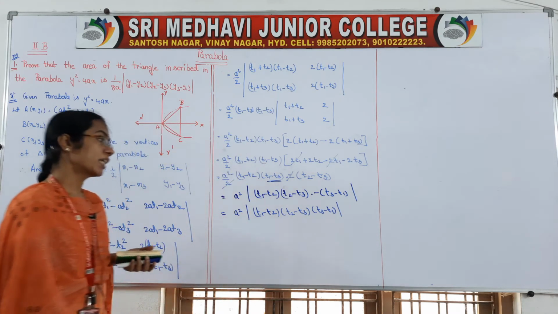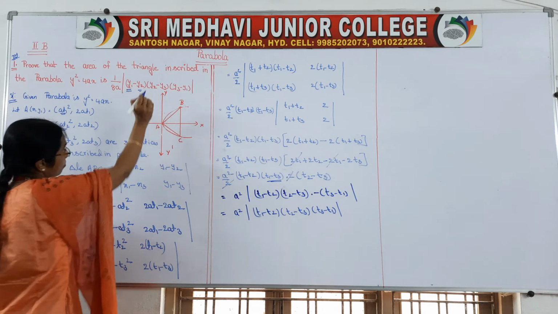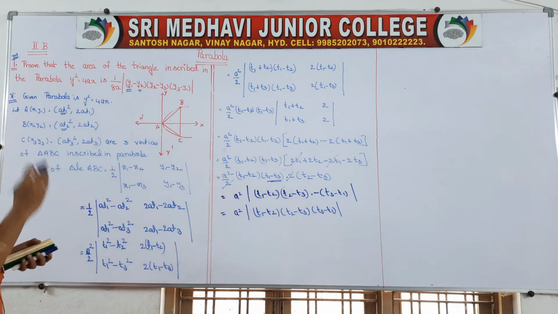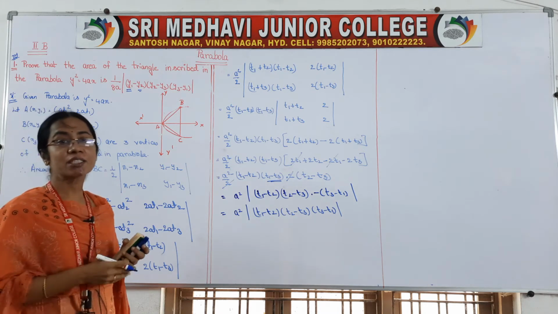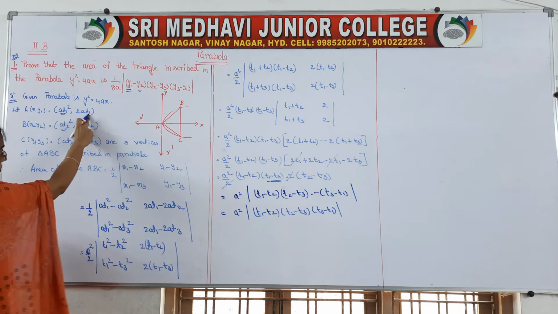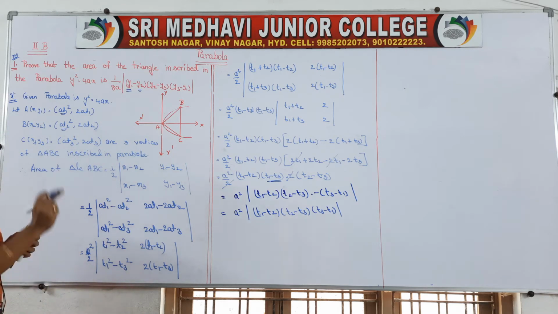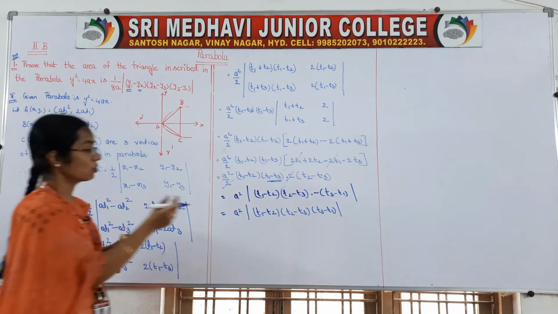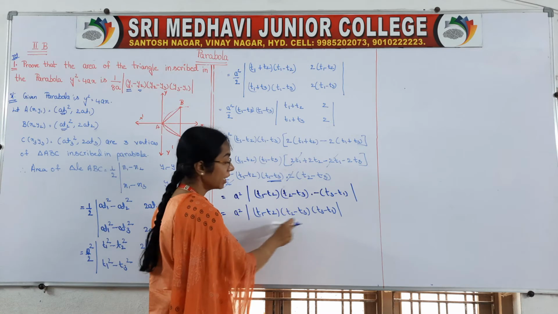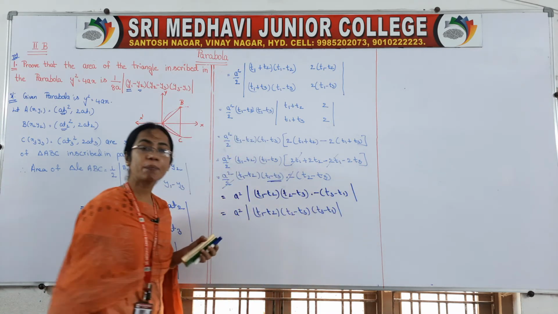But what do we actually have to prove? We have to prove y1 minus y2, y2 minus y3, y3 minus y1. But what are y1, y2, y3? They are 2a t1, 2a t2, 2a t3. So for this one 2a we need, for this one 2a we need, and for this one 2a we need.